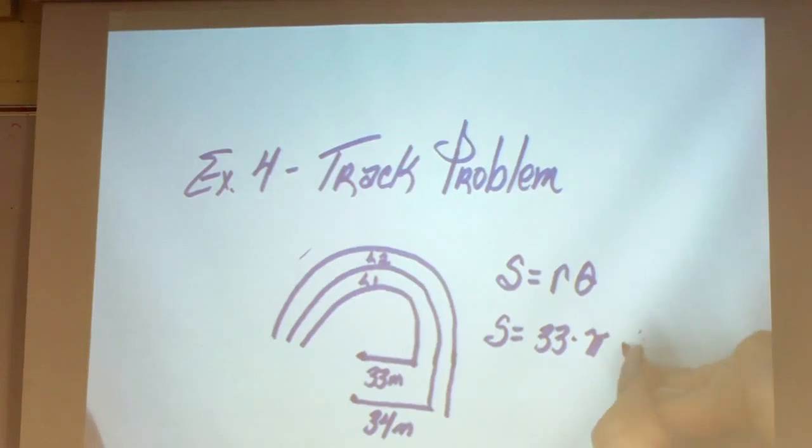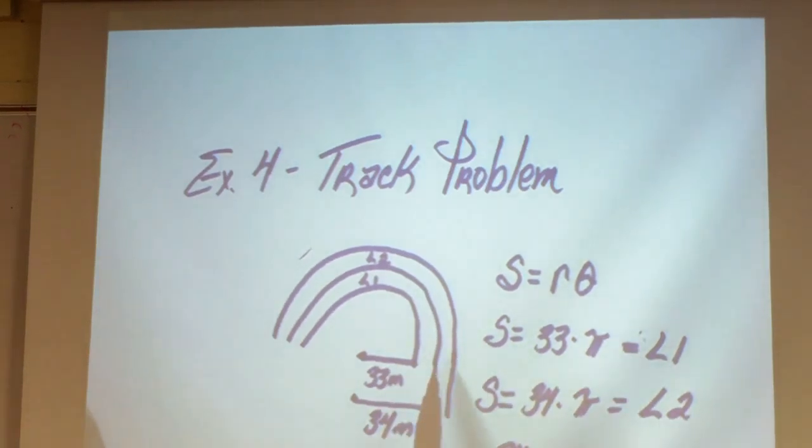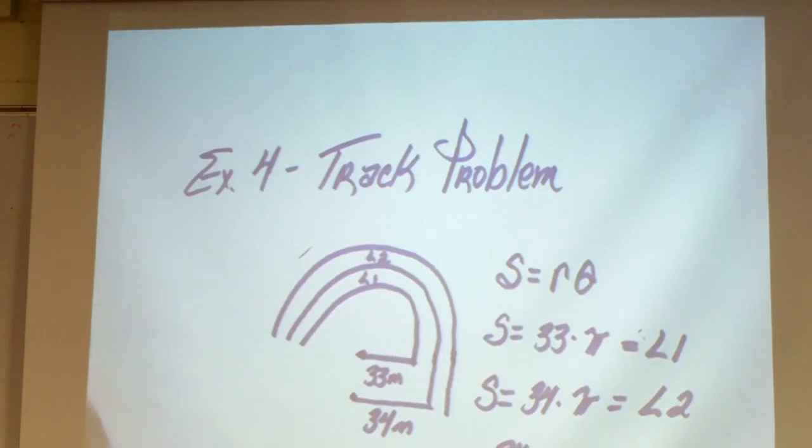Now let's find the arc length for lane 2. Their radius is 34, still pi for the central angle, so there's 34 pi. Now I want you to find the difference, so you take 34 pi and subtract 33 pi, and you get pi, or about 3.14 meters. So if you had to stay in lane 2, you would be running about 3.14 meters further.